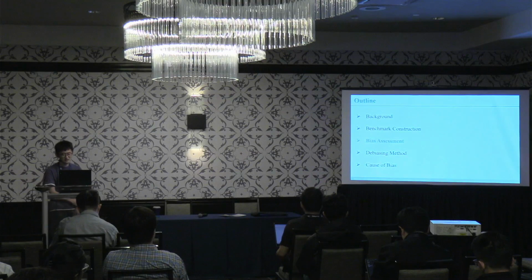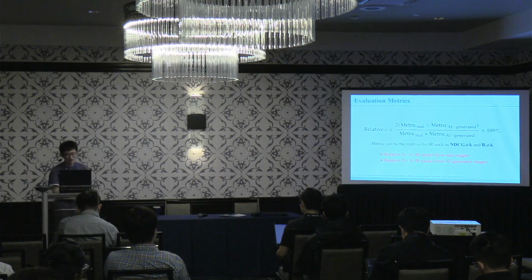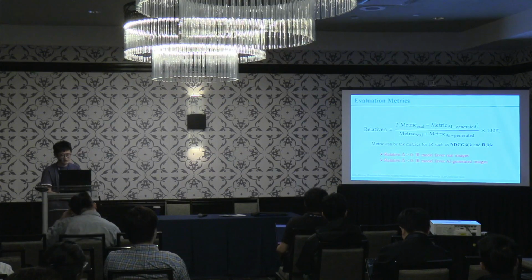With the constructed environment, we further explore the bias assessment on our benchmark. We refer to the metrics in previous studies to measure the ranking difference between real and AI-generated images of text-to-image retrievers. This metric is shown as the formula.